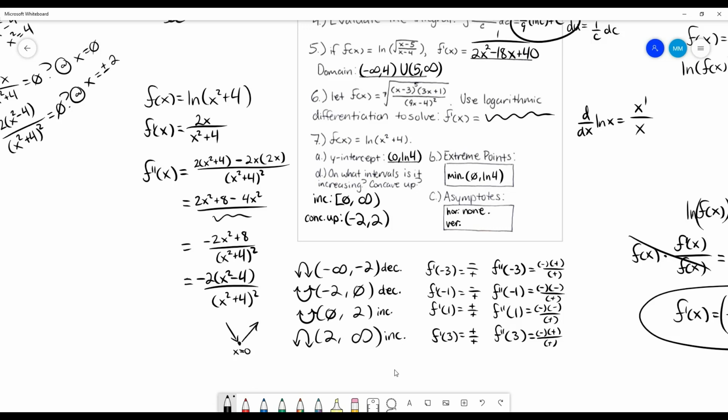So I know that I'm going to have a vertical asymptote whenever that interior equals 0, because it will be undefined there, and that's not a hole, that's an asymptote. In this case, since that's x squared plus 4, if I set that equal to 0, I'm going to get x squared equals -4, which means x equals plus or minus the square root of -4, but we can't have a square root of -4, which means that this doesn't exist, which means that there are no vertical asymptotes. So in this case, there are no horizontal nor vertical asymptotes.